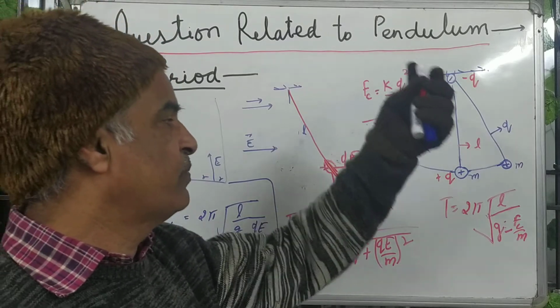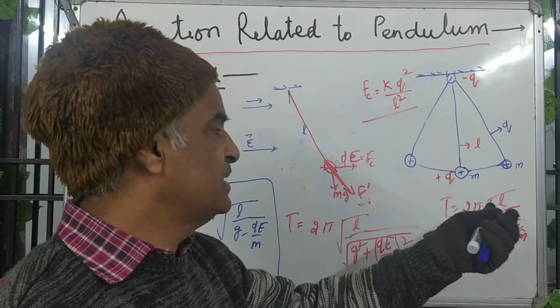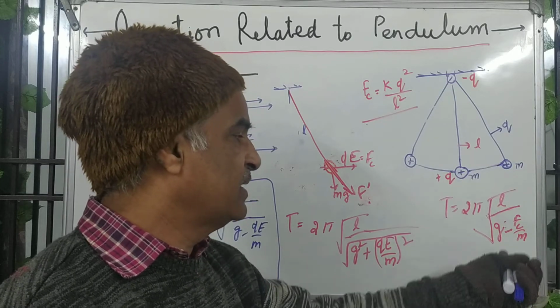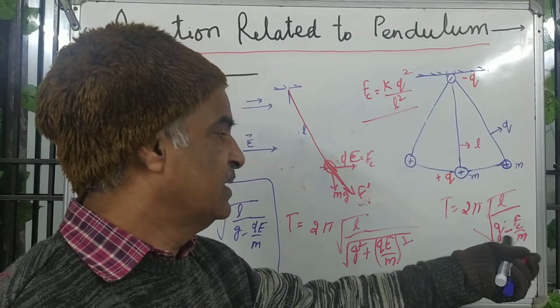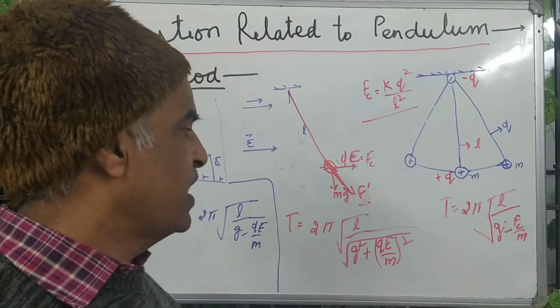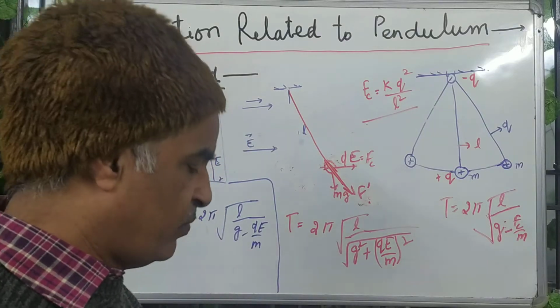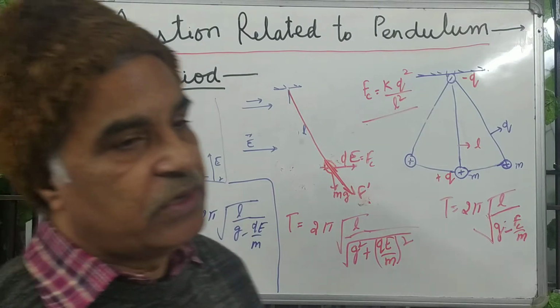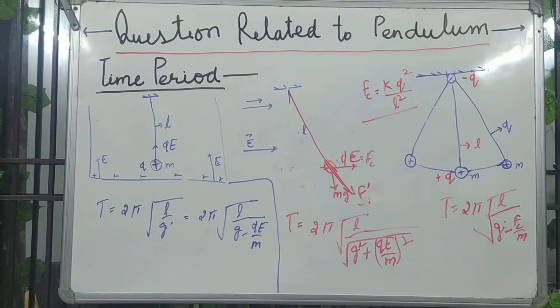This Coulombian force upon mass is the upward acceleration, and the downward acceleration is the gravitational acceleration g. We subtract, and this is the effective acceleration g dash. So time period T equals 2 pi root L upon g dash. Please clear it; in case you have any doubt, you must clear it.